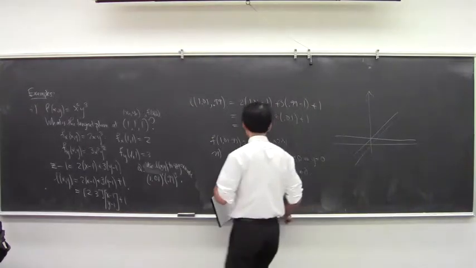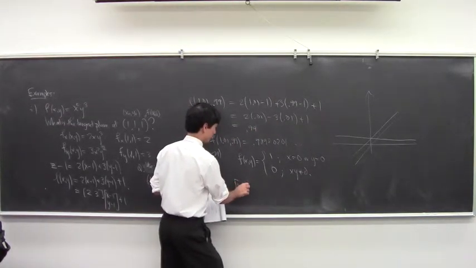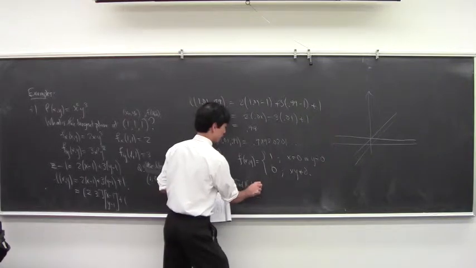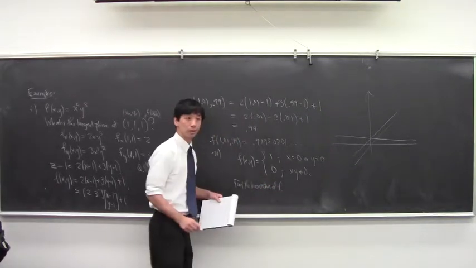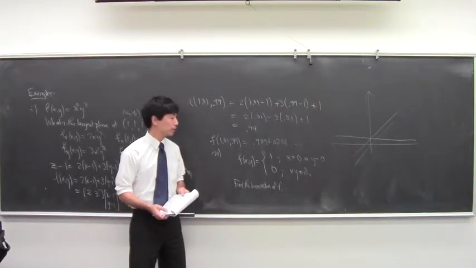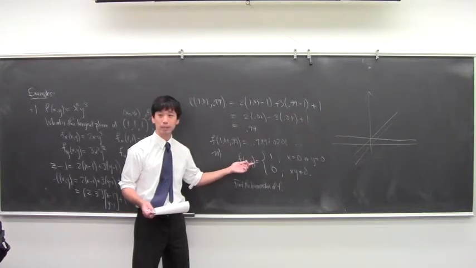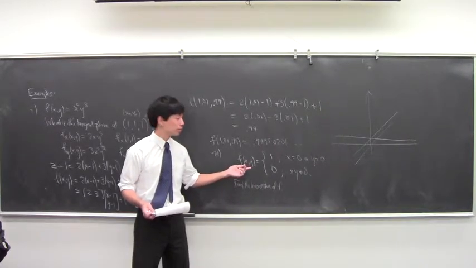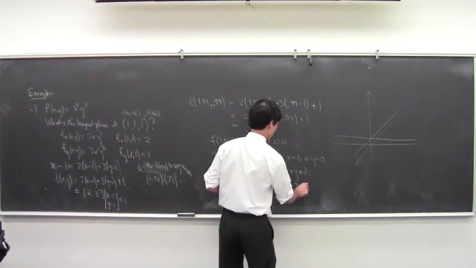Suppose I ask you, find the linearization of f. So I ask you to find the linearization of f. Well, what would you do? What would you need to do? You need to take, again, partial derivatives, right? So you say, okay, well, I'm going to take the partial with respect to x.